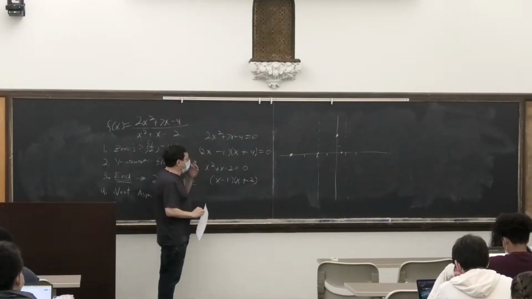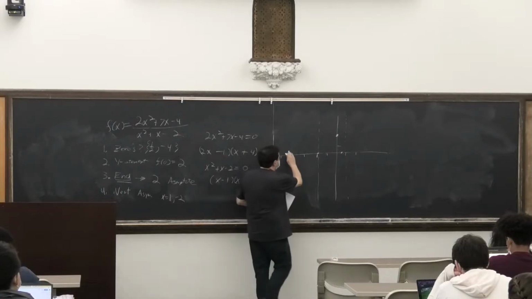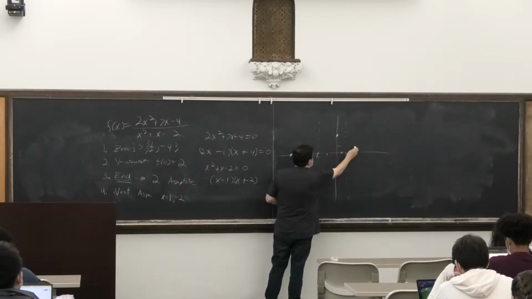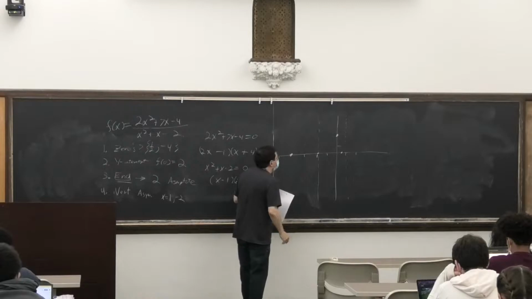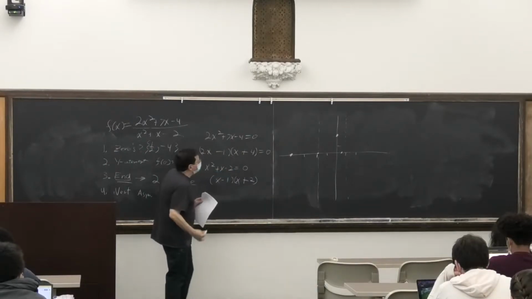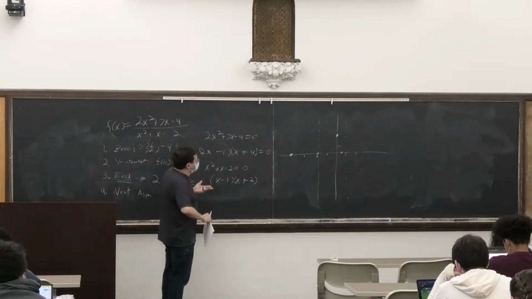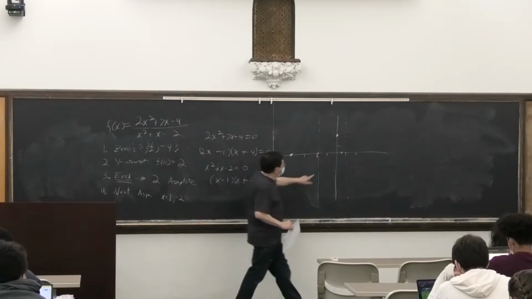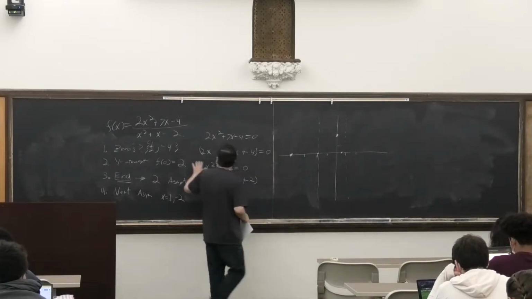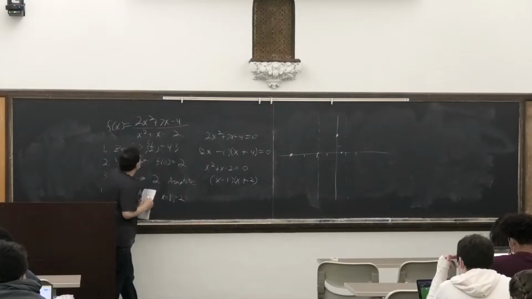Well, it would be nice to know what the function is doing as it gets close to these asymptotes. So we might want to just pick a number. Over here, say 1.5. What happens?